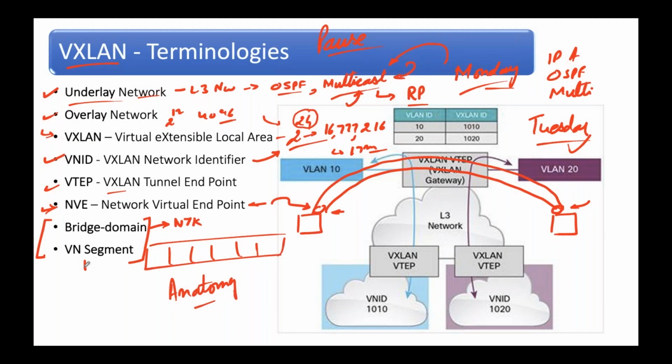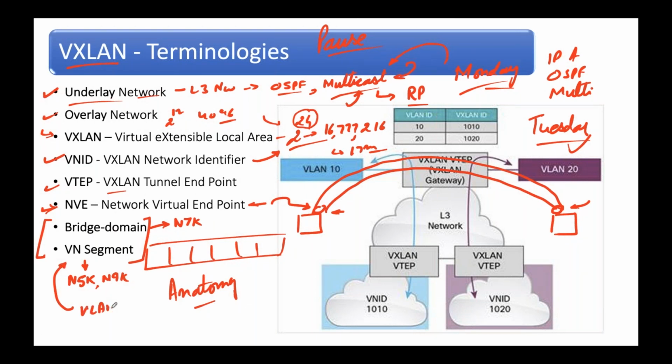We don't use bridge domain for the configuration in Nexus 5K and Nexus 9K; instead we use the terminology VN segment. So what is the counterpart of VN segment in the underlay?